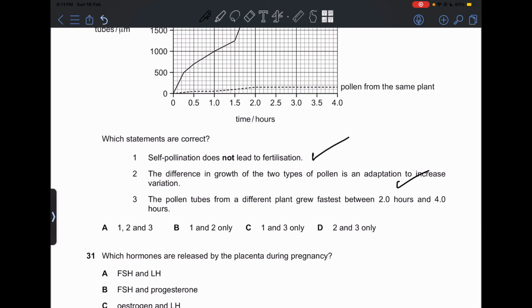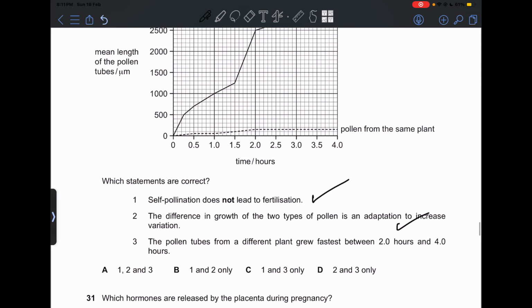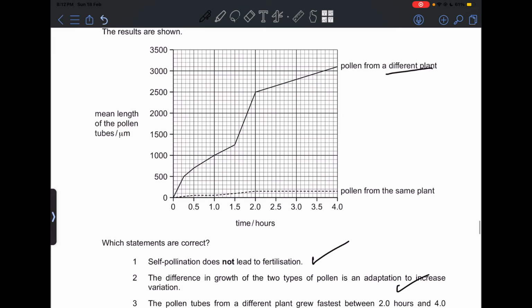Number 3 says the pollen tubes from different plant grow fastest between 2 hours and 4 hours. So actually this is incorrect because over here from 2 hours to 4 hours it was increasing this way, but we can see that the fastest increase was from 1.5 until 2 because it was more steep.